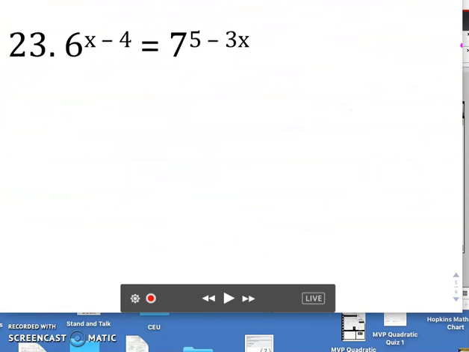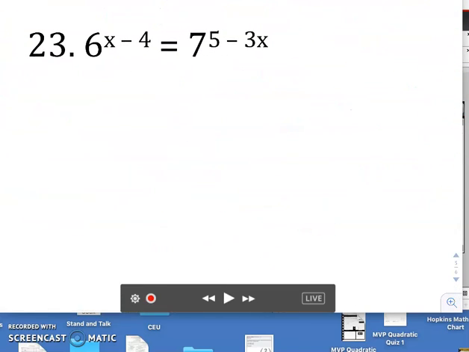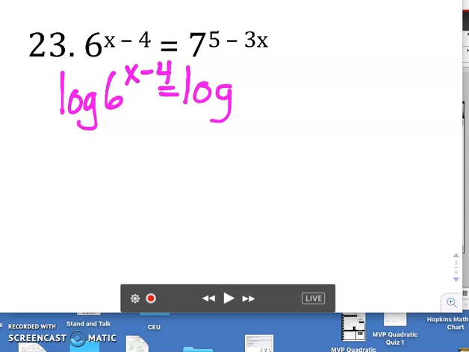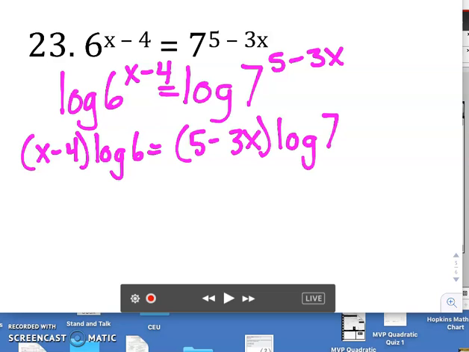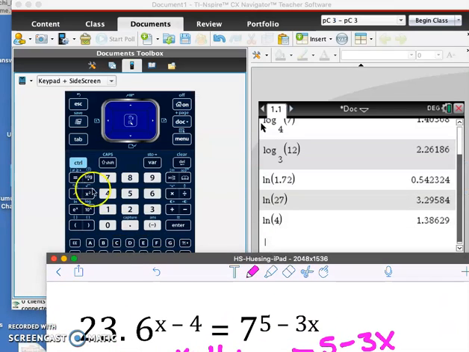Now the last one's slightly different because we have x's on both sides. So when x's are on both sides, we log, and we log base 10, so we don't need to write it. Equals log 7 to the 5 minus 3x, and we do that so our exponent can come out in front. And now we can turn log 6 and log 7 into decimals.